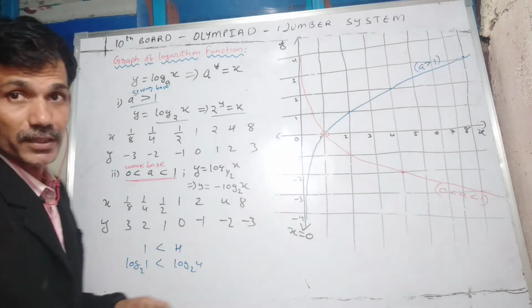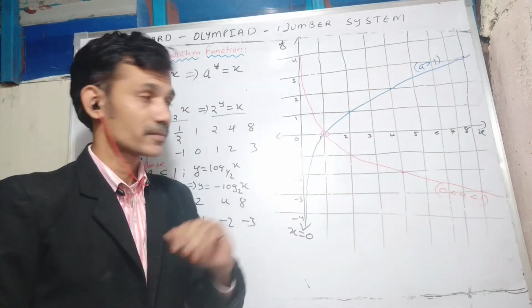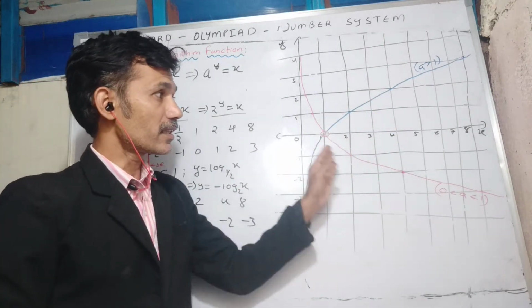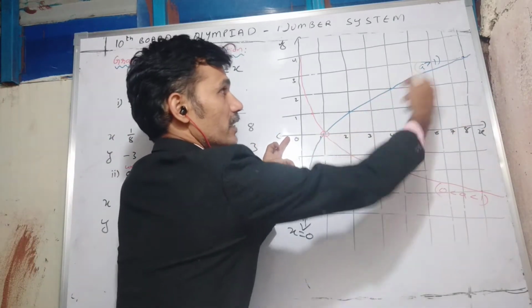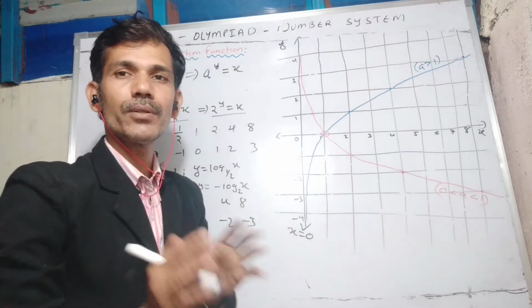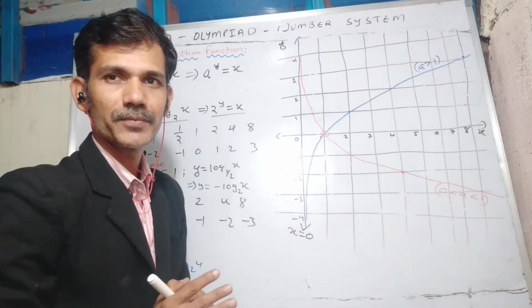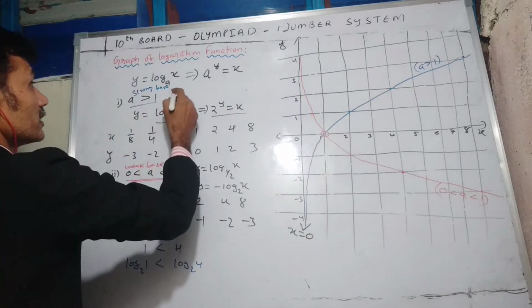Okay, see, by seeing the graph we can say what the domain is. Here see, the curve lies only on the positive x-axis, there only the curve appears. That means the domain values are from 0 to infinity. It won't take 0 also. So first we'll write about the domain. See, that is very important.